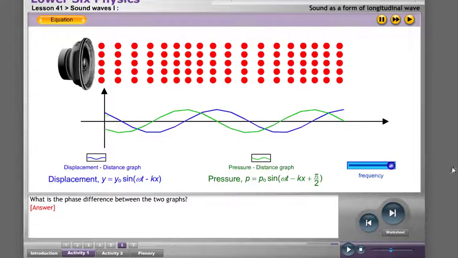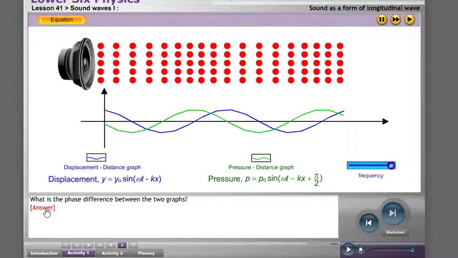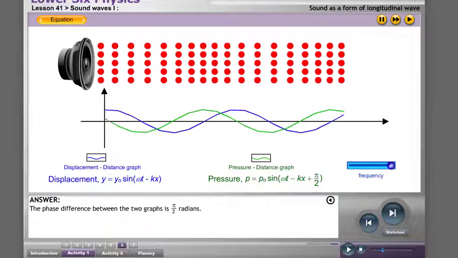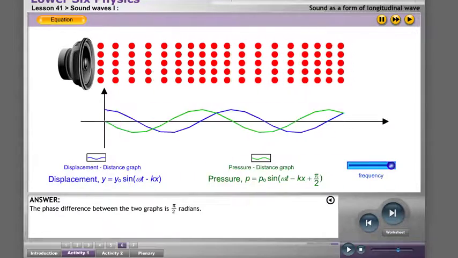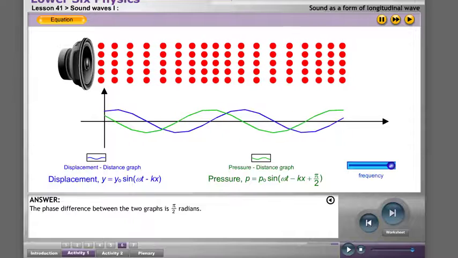What is the phase difference between the two graphs? Answer: the phase difference between the two graphs is pi over 2 radians.